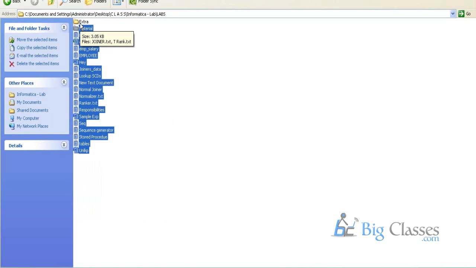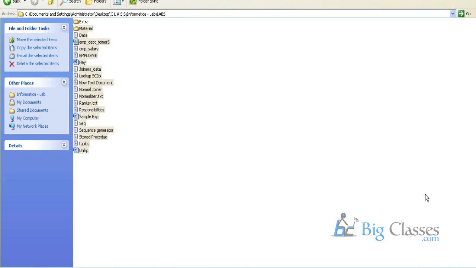We are going to install the software on your machines, and you can practice from your systems directly. Is it Informatica 9.0? Yes, they are going to install 9.0. Is the Windows 7 version okay?